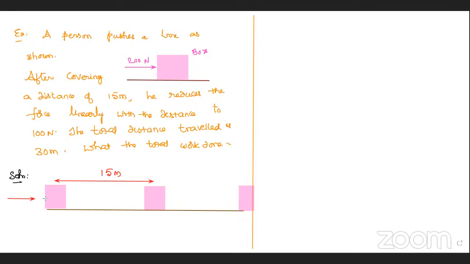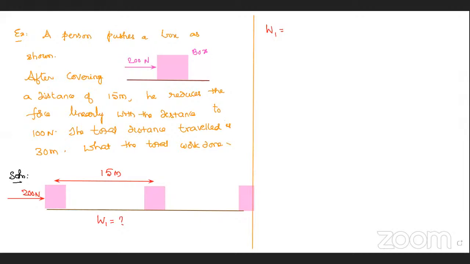Happily, I think you can solve. This is 200 newtons. Displacement is 15. So what will be the work done here, W1? I think you can say 3000. Yes, F into S. Exactly, Ishan. Correct.